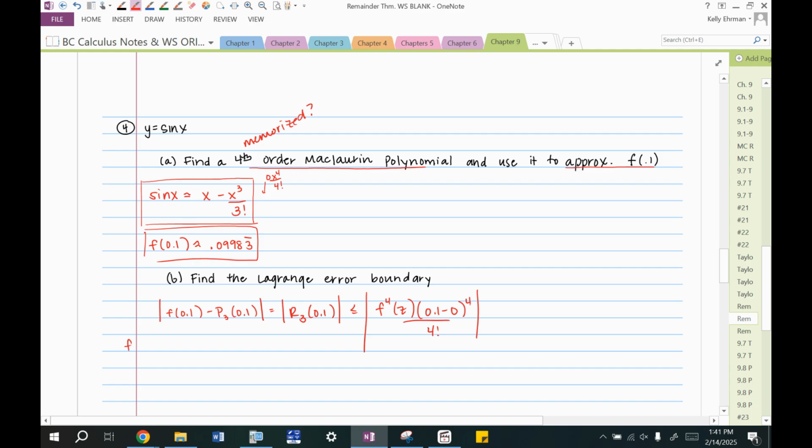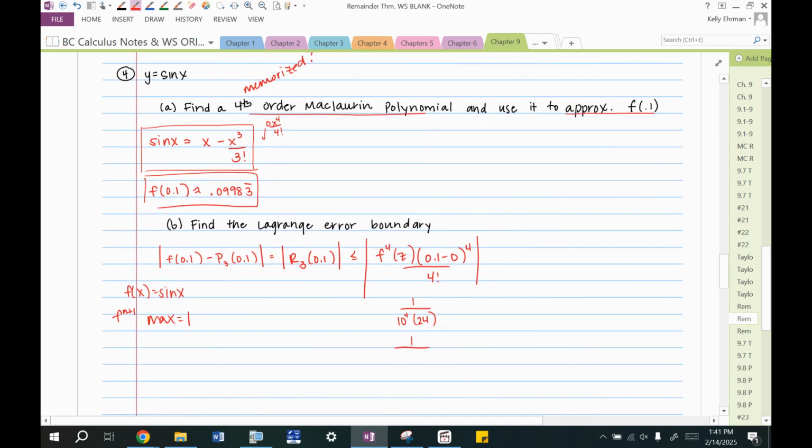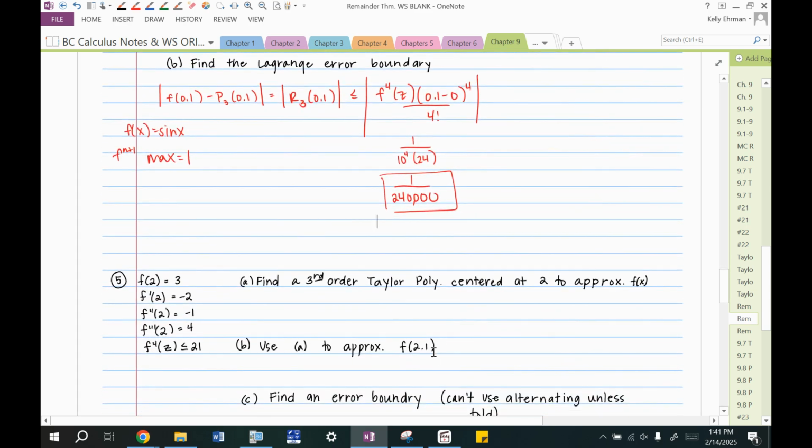Good news, f of x is a sine or a cosine. So the max is 1. So I'm putting a 1 in here. So I have 1/10 to the fourth, or 1 over 10 to the fourth, times 24. So max error on this one is 1 over 24 with 4 zeros. That could be a non-calc problem. Okay, nothing else to do with that one.